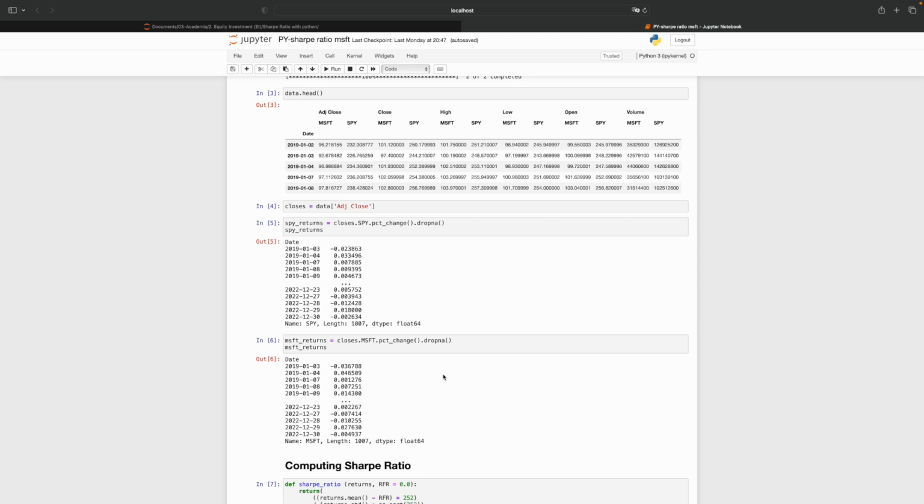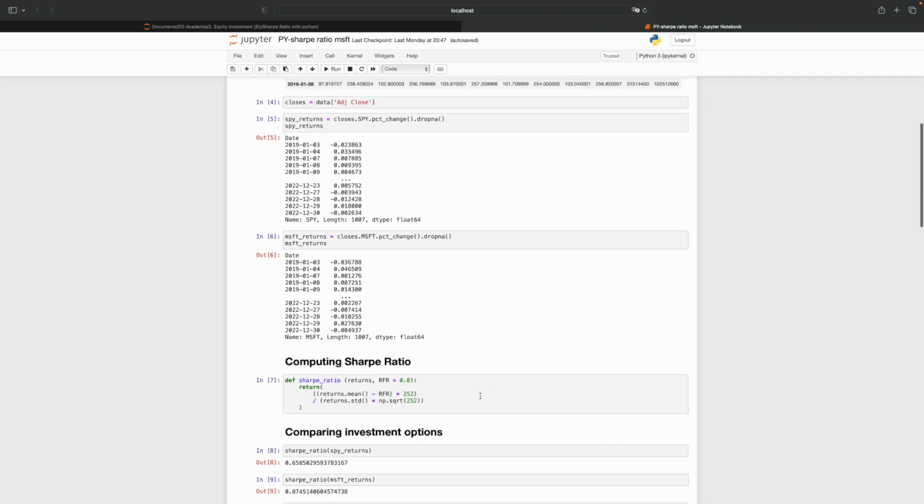After that, we will need to create a function to calculate the Sharpe ratio. Here is the function. We will name the function Sharpe ratio and it will take an input parameter, which is the returns. We will also assume the risk-free rate in this function is 0.